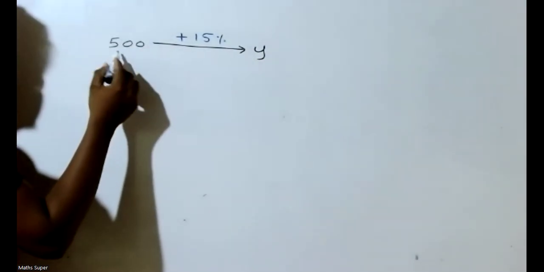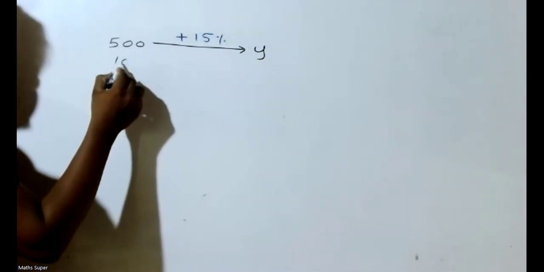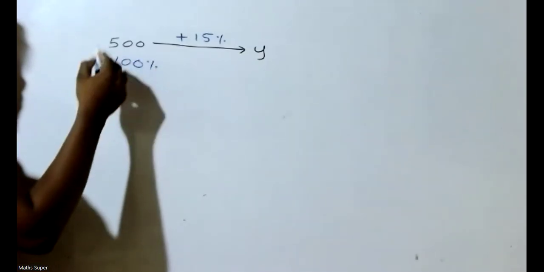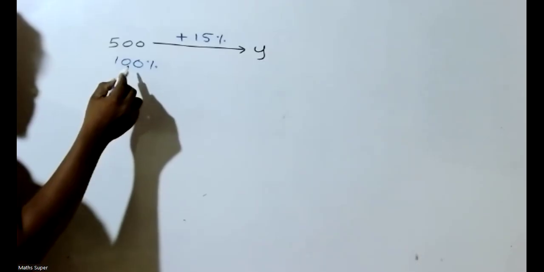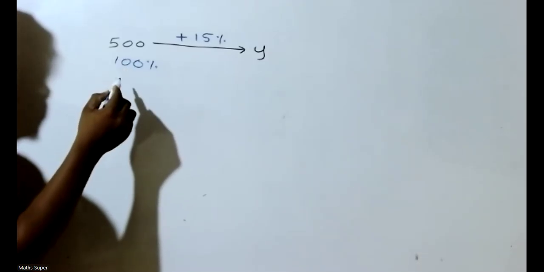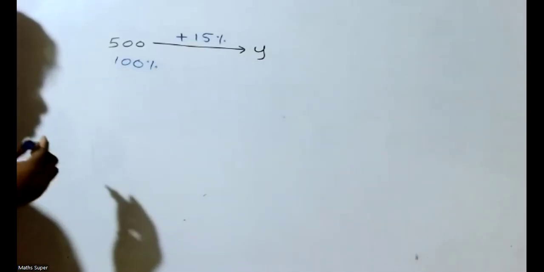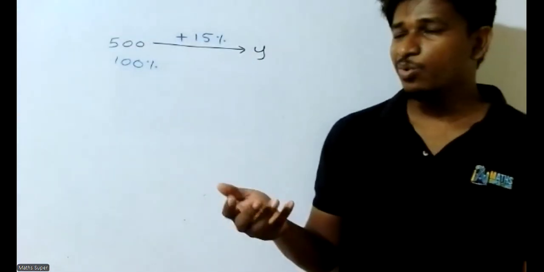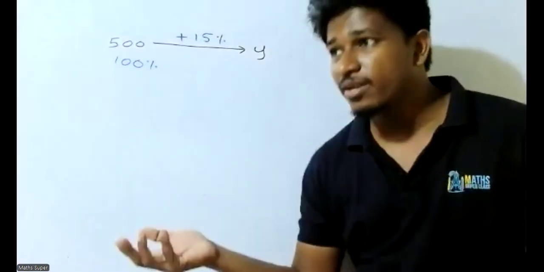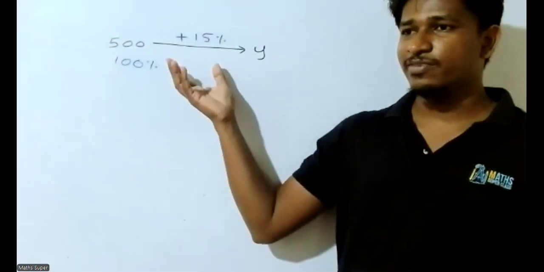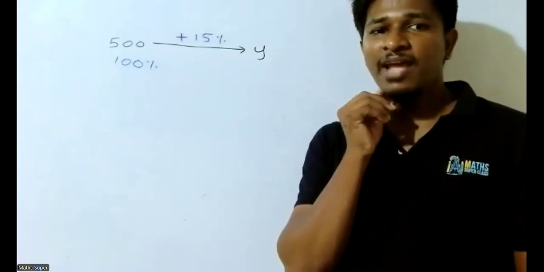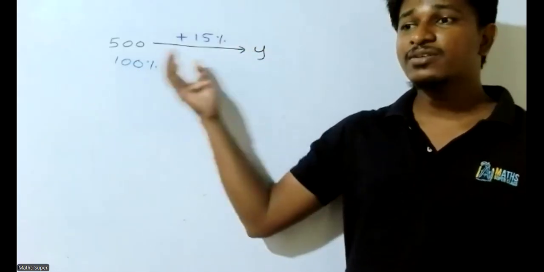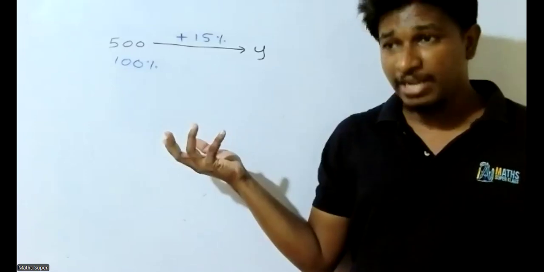Here, we can always consider the initial one as 100%. I will give more questions. Maybe he bought a hat, a cap, for 500 rupees. How is he going to sell? We don't know the selling price.